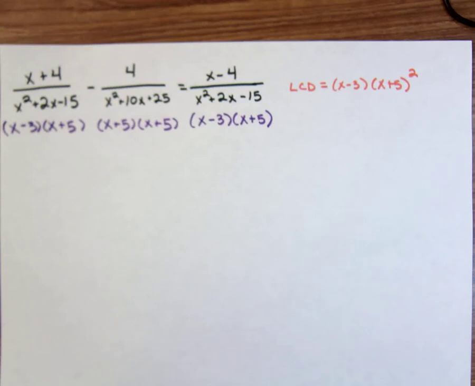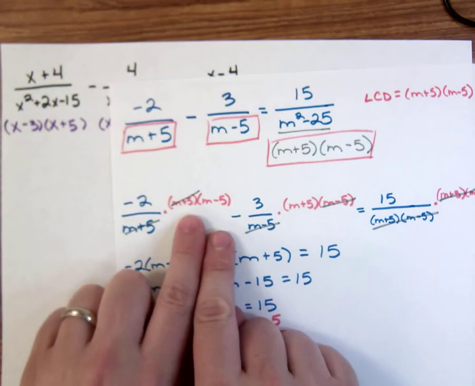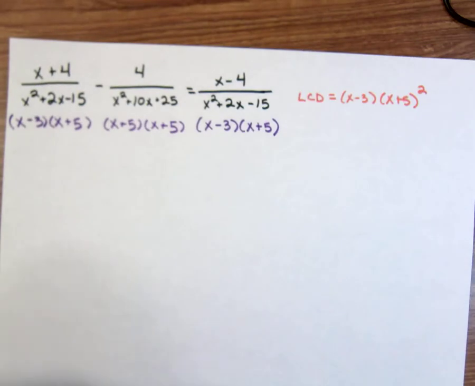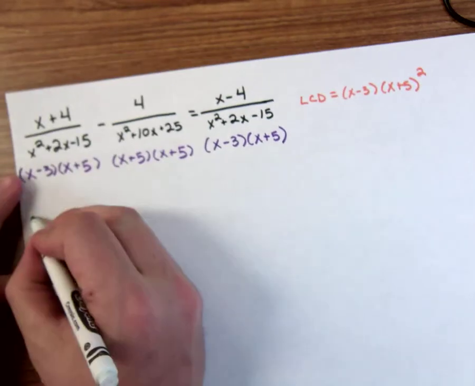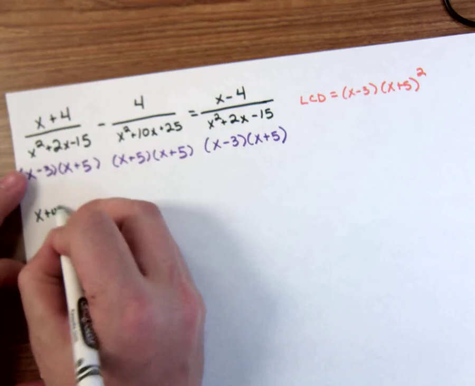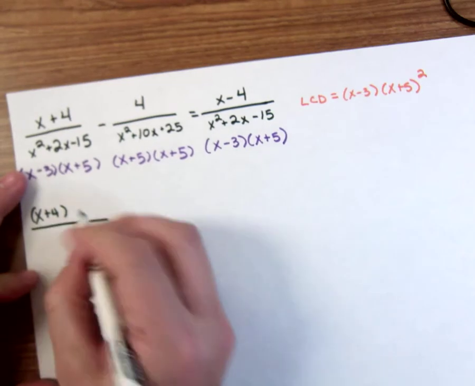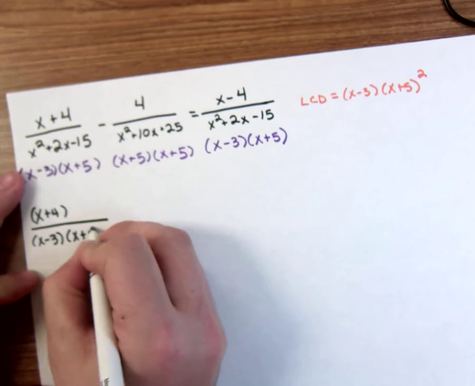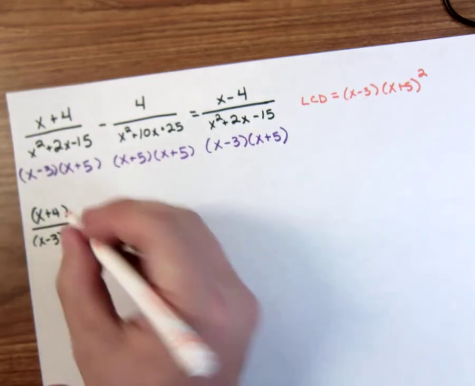Because this is going to take up so much space, I'm not going to write this the same way I wrote the other ones, where I wrote the thing we were multiplying by next to it. I'd run out of space here because the problem's so long. So I'm going to put x plus 4 on top and x minus 3, x plus 5 on the bottom. And in the numerator, I'm going to put the lowest common denominator.